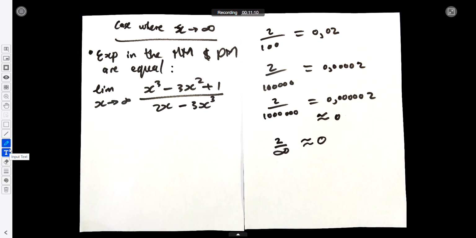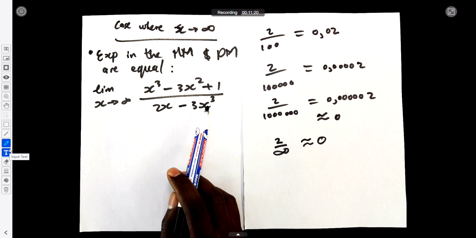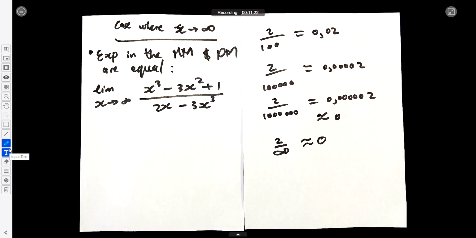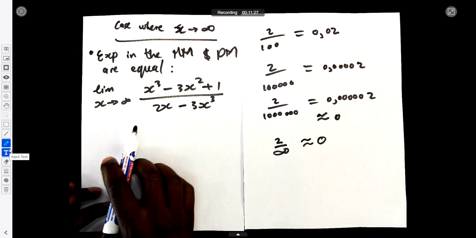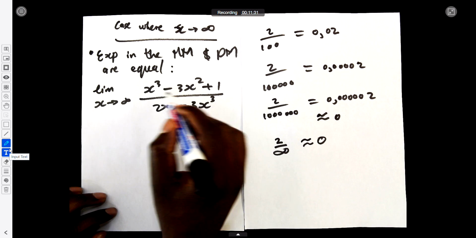So in the numerator, what is the highest exponent that we're having there? It's 3, right? So x is carrying the highest exponent, which is 3. So we're going to divide numerator and denominator using x to the power of 3. That is the highest factor of x. Or sometimes we can say take out the common factor of x to the power of 3.